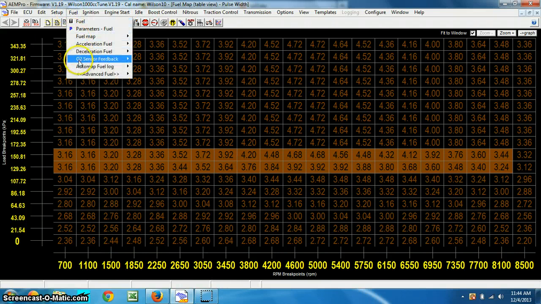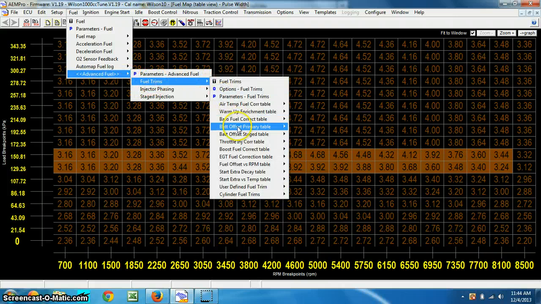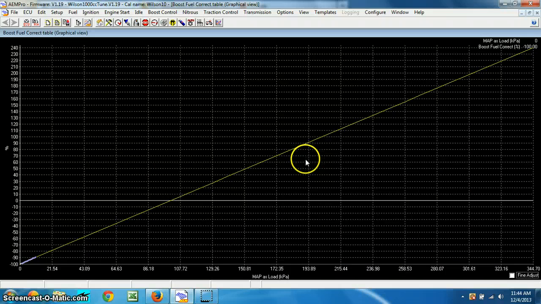You have to go to fuel, advanced, fuel trims, boost fuel correction, do the graph, and then say here at 40, you'd have to bring this to 0. Bring that to 0. Bring this to 0. Now he's actually running what the actual pulse width is.